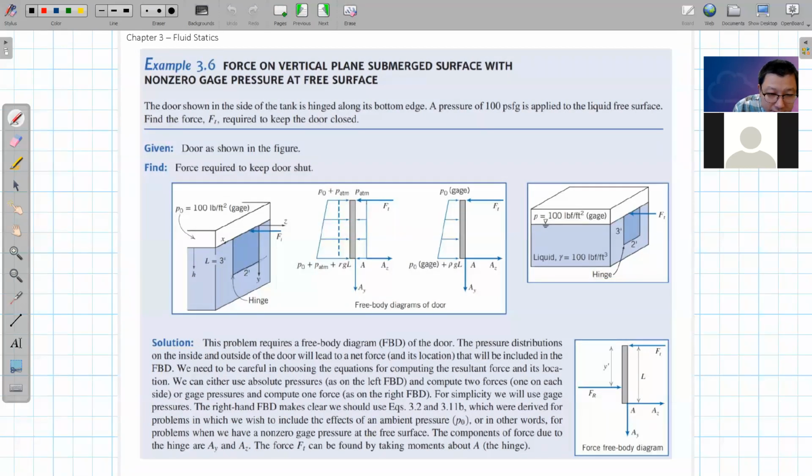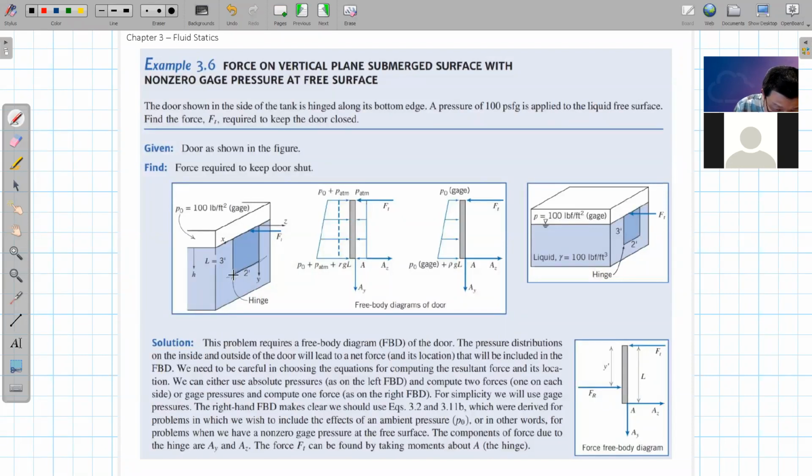To stop this water from flowing out, to stop this door from being opened by the water pressure on this wall, we need to put a force, F of T, here. And the question is what this force should be to stop it.